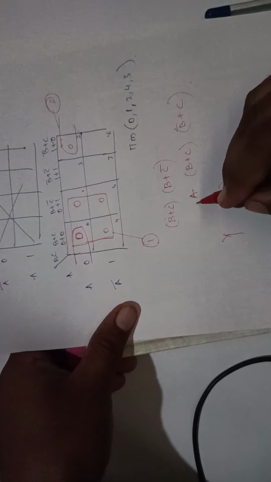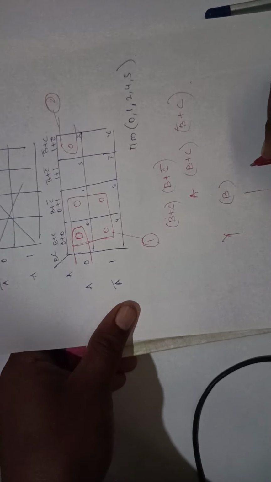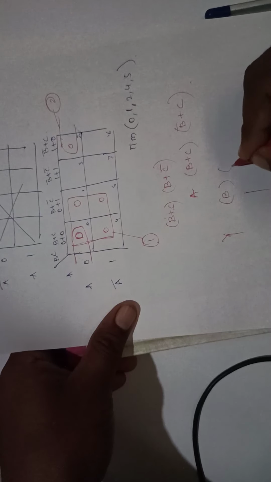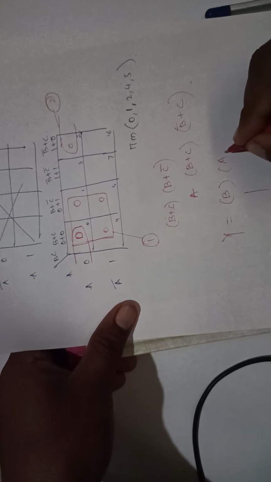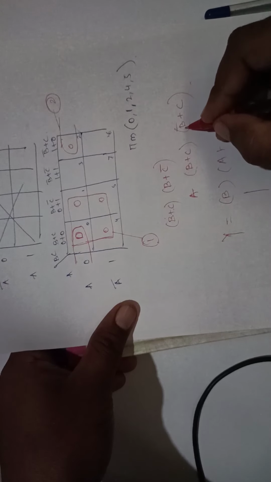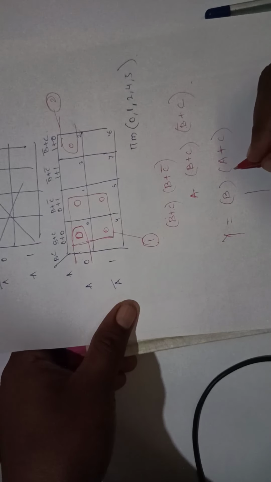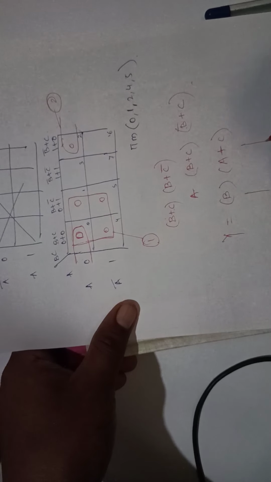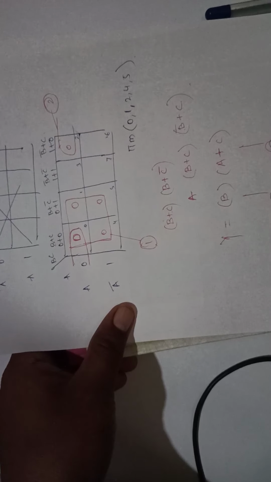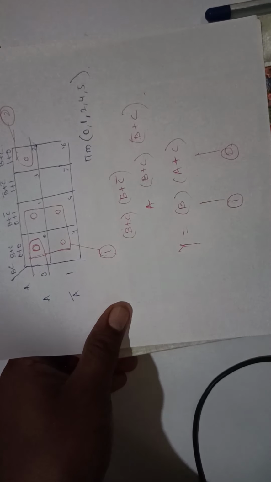And this is the second term. In the second term A stays as it is, plus B gets cancelled, only C remains, hence C. This is our final equation: the first one and the second one.